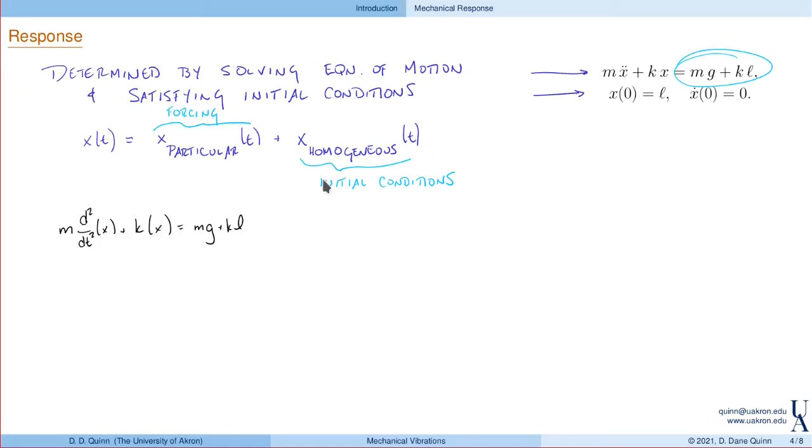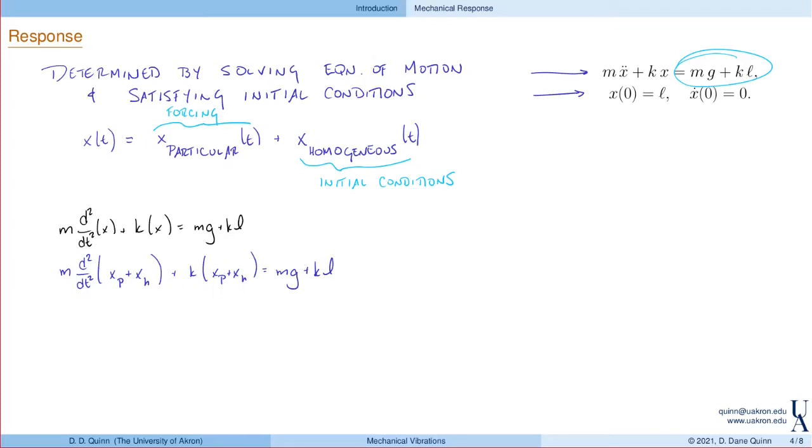So we have now the second derivative of xp, the particular solution, plus xh, plus k times that assumed form, equals mg plus k times L. I'm going to collect the pieces that are in terms of xp, the particular solution, and the pieces that are in terms of the homogeneous solution.